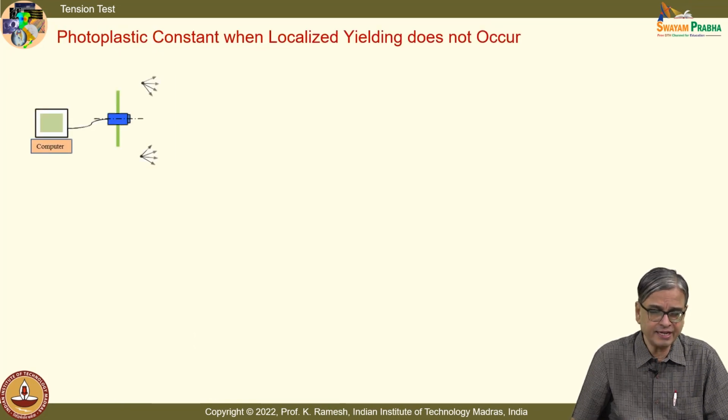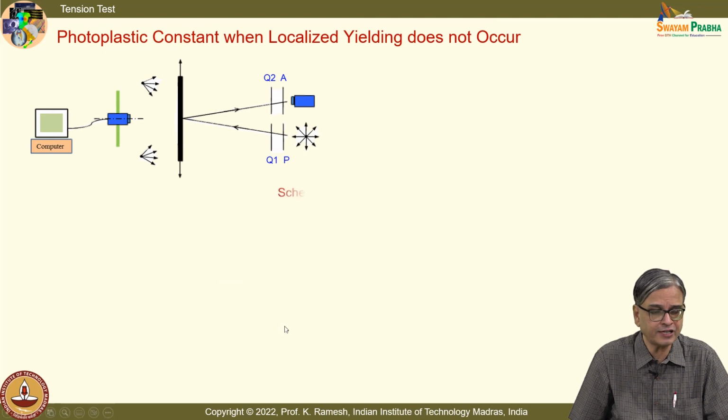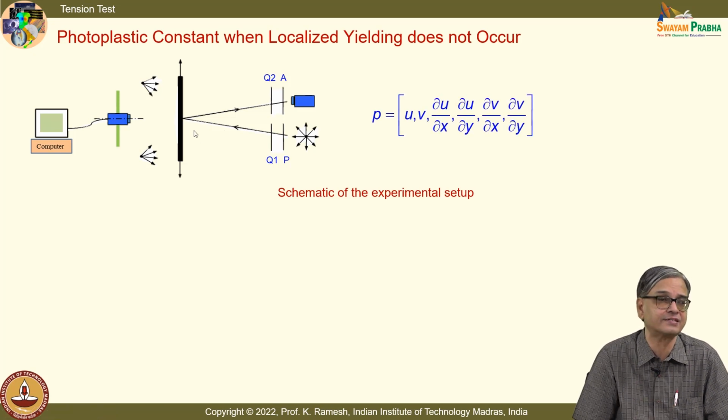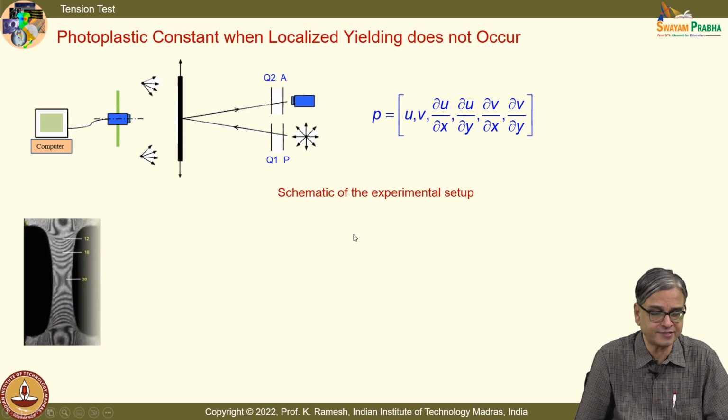And we have also seen I can use reflection photoelasticity for strain measurement, and this is a very innovative experimental setup where on the same specimen on one side you apply a DIC measurement, on the other side you apply reflection photoelasticity, and the specimen is made of polycarbonate, and I said polycarbonate has ability to deform plastically, and we also have what is known as photoplasticity.